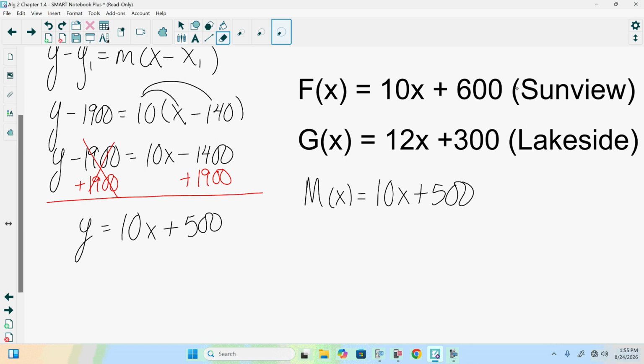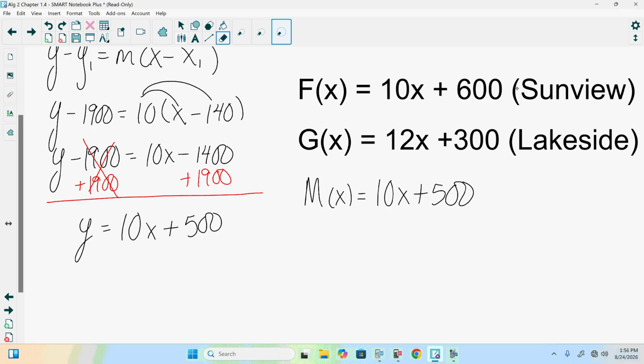Lines are parallel. There is going to be no point in which the cost for Maple is going to be greater than the cost for Sunview. The question is asking how many students must attend for Maple to be cheaper than the rest. Maple is always going to be cheaper than Sunview, no matter how many students show up. So we don't even need to consider Sunview a part of this question.